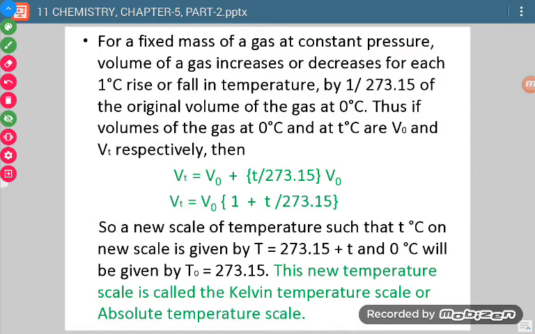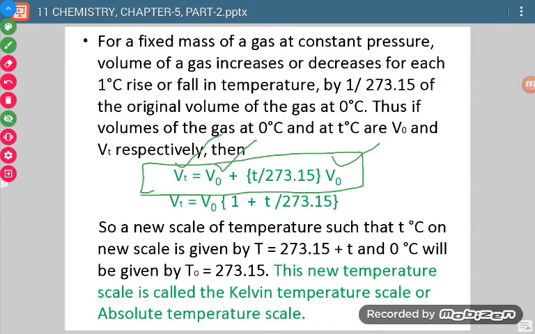Okay, now mathematically how can we write it? We can write it like this. Here, this is the volume of gas at temperature T. This is the volume of gas at 0 degree Celsius, and this is T divided by 273.15 times V naught.